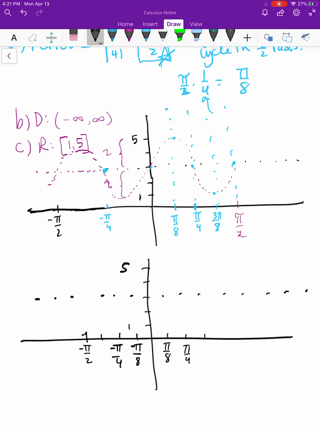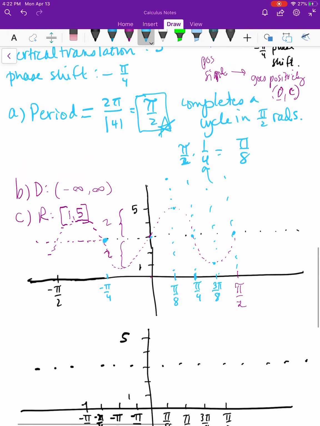Halfway there from that would be negative pi over 8, right? And so then we've got positive pi over 8. Then we've got positive pi over 4. I didn't put 1 in between here, but this would be negative 3 pi over 8. So this would be positive 3 pi over 8, and this would be positive 4 pi over 8, which would be positive pi over 2.